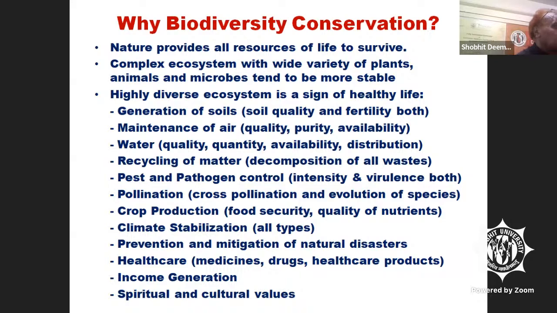I remember that when I was doing research in 1975, the soils of Meerut were so rich that we could identify more than 150 species of fungi from one soil sample.